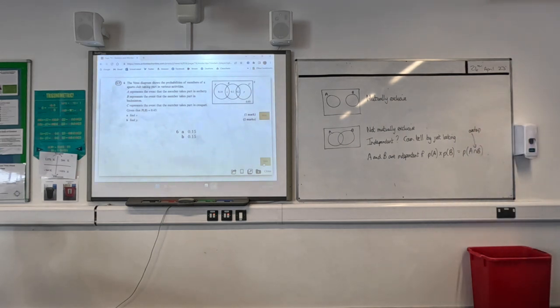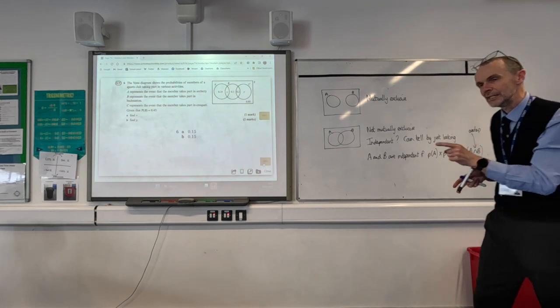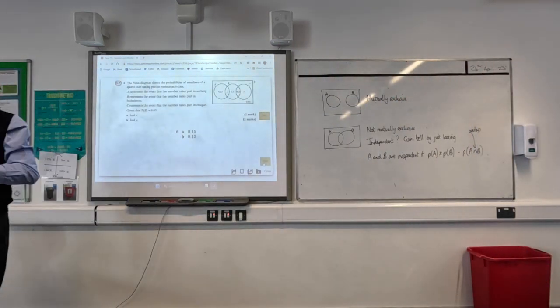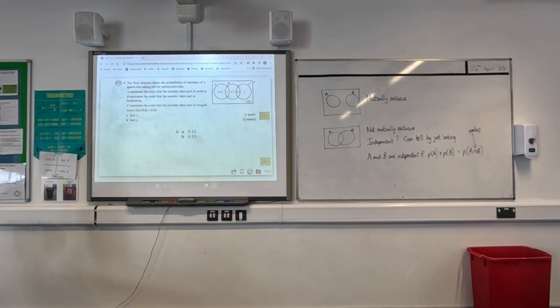That's the only way we can test if two events are independent. And that's really the only new bit of content that gets introduced in Year 12 probability, apart from the fact that some of the tree diagrams get a little bit harder.